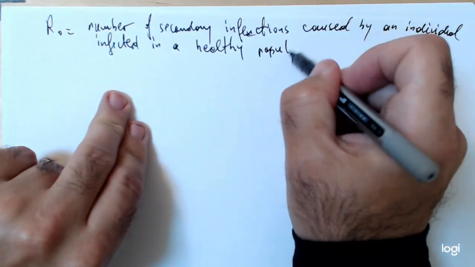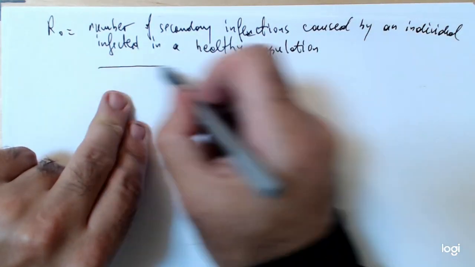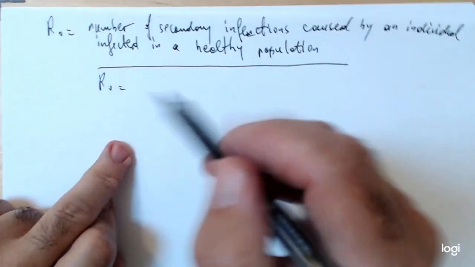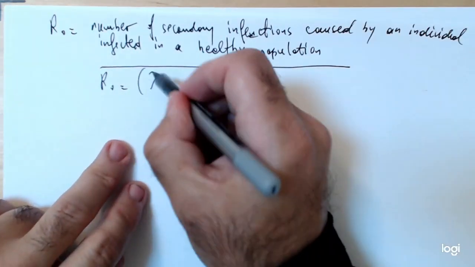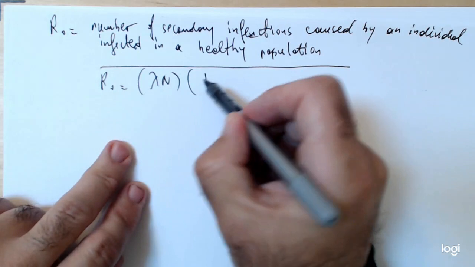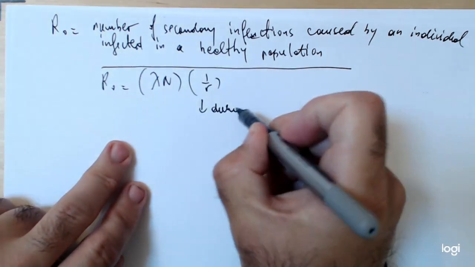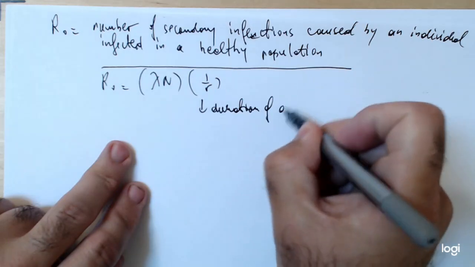It's important to know this because this is how you understand the limitation of using R naught to predict what happens during the epidemic. It's really a measure of what happens in the early stages of the epidemic. So if you look at our values here, 1 over r is the duration of the disease, as I mentioned before.